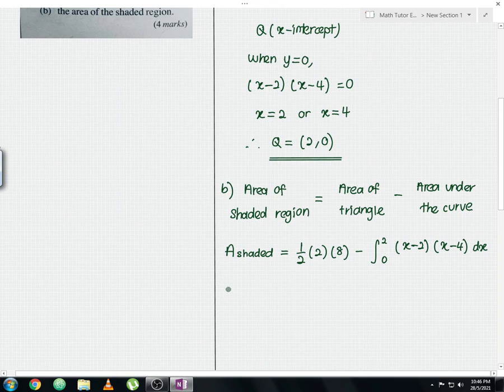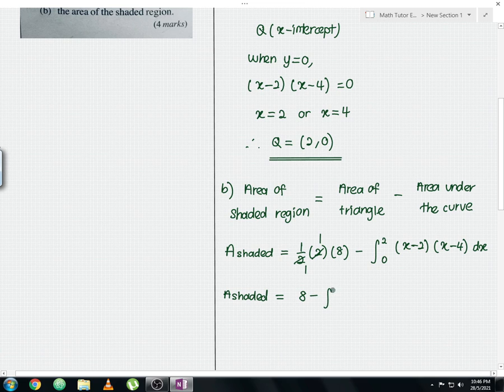So from here we write the working. A shaded is equals to, the half and 2 will cancel off, so you get 1, so 1 times 8 you get 8 unit square. So your triangle area is actually 8 unit square. And then you minus with the area under the curve.